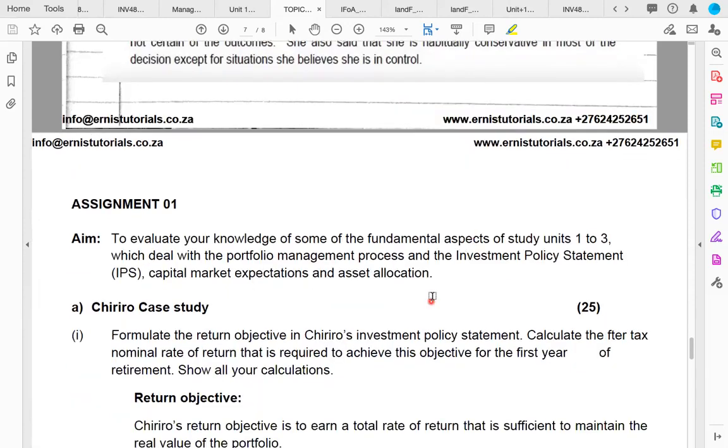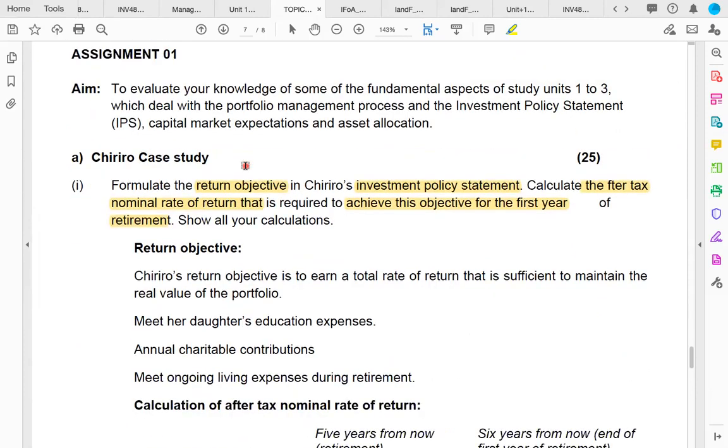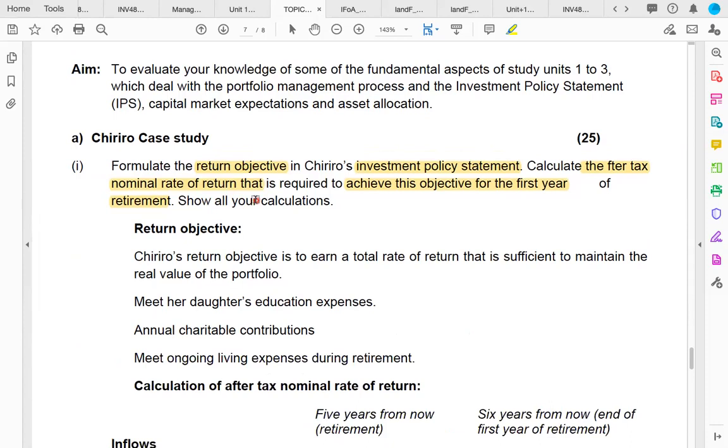And then we want to formulate the return objective in her investment policy statement. We also want to calculate the after-tax nominal rate of return that is required to achieve this objective for the first year of retirement. So remember, if we are stating the return objective, we have to first state what she desires and what she requires.